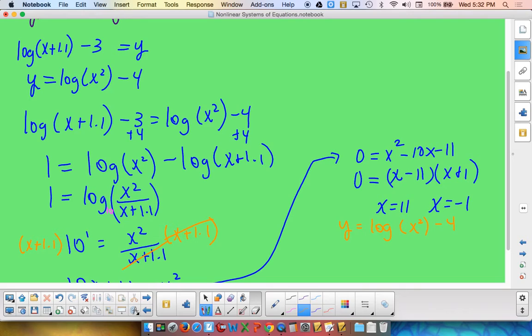So if I now go subbing into that, if I sub in x equals 11, I will have the log of 121 minus 4.